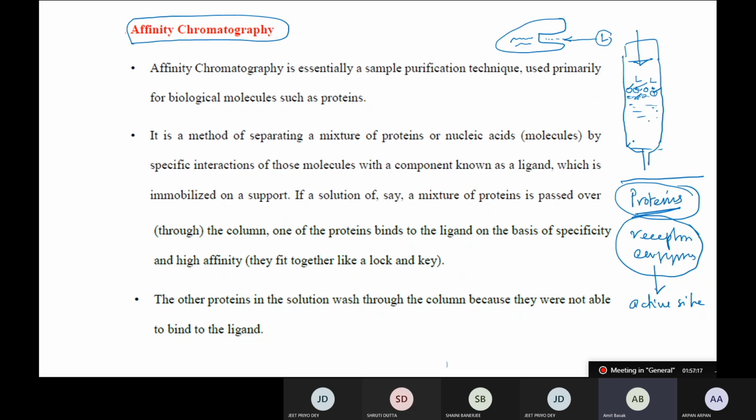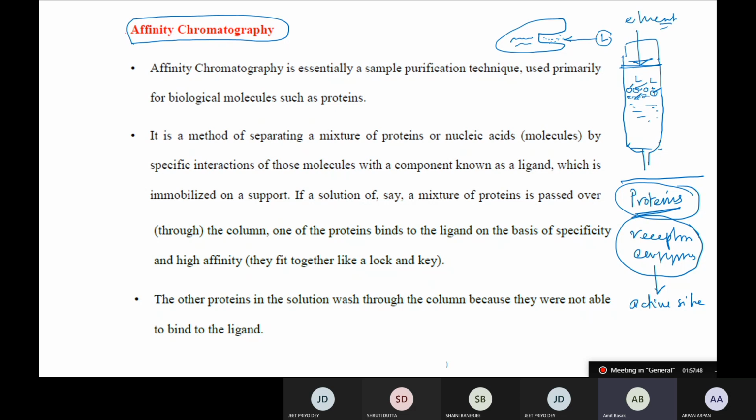So when everything goes through except the enzyme of your interest, now what do you do? The interactions of L with this active site are all weak bonds, not strong bonds, no covalent bond formation. All are weak bonds. Okay. So you can now elute, you can put a solvent which is called eluent, of higher polarity.